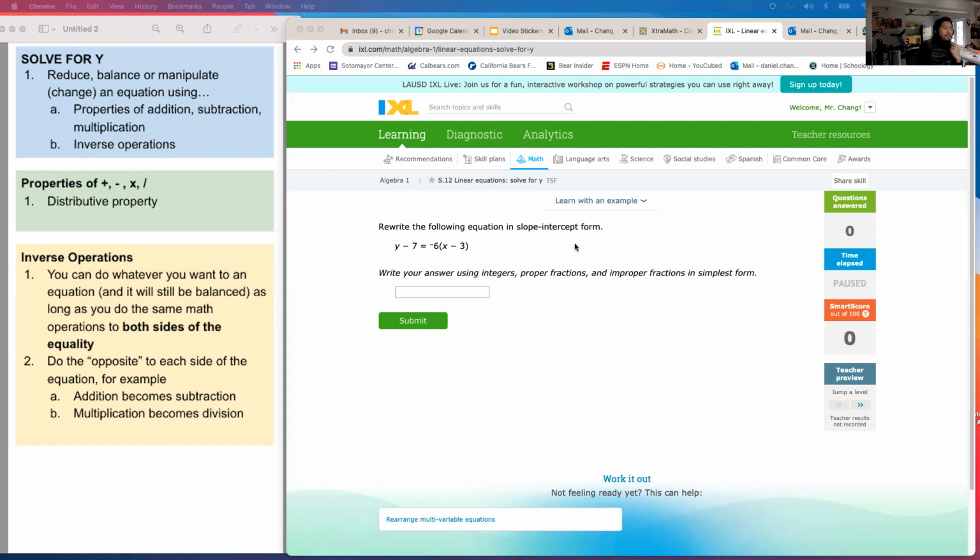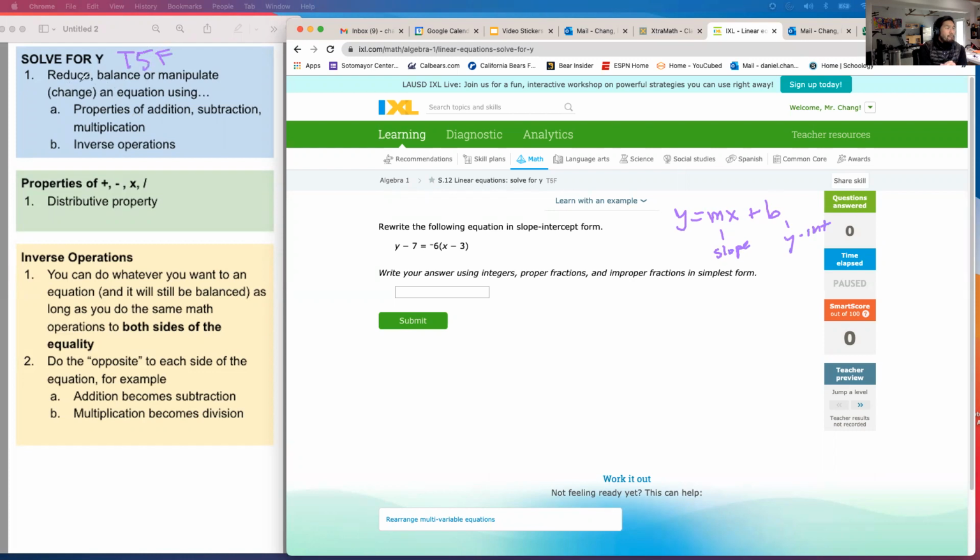Rewrite the equation in slope-intercept form. Remember, slope-intercept form is y equals mx plus b, where m is the slope and b is the y-intercept. And anytime we're doing this, this is T5F, solve for y.